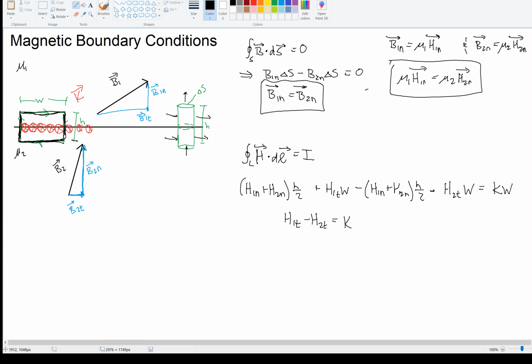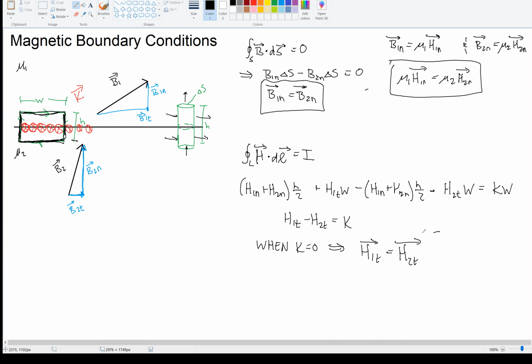Now in the absence of surface current, so now let's say our interface does not contain any current. We're not pumping any current through this thing. It's maybe just the interface between air and an iron block, and there's no current through the iron or something like that. So in the absence of a surface current, which is a more specific but still common case, when K is 0, and we'll put the vectors on here now, H1 tangential is equal to H2 tangential.